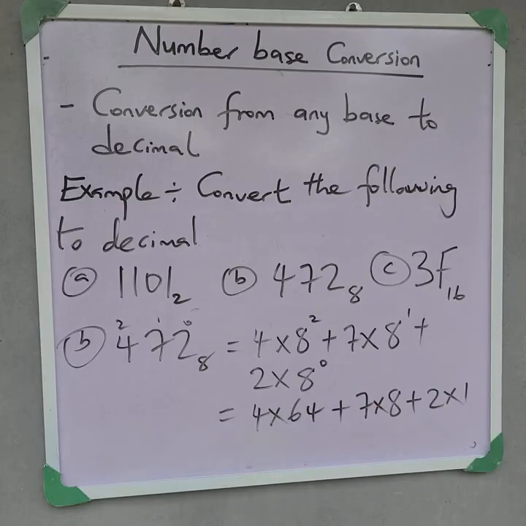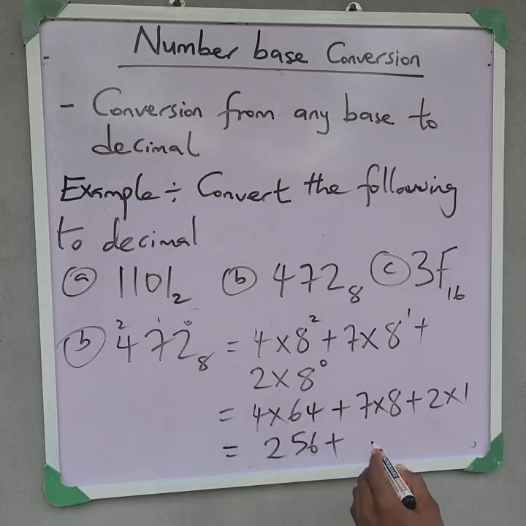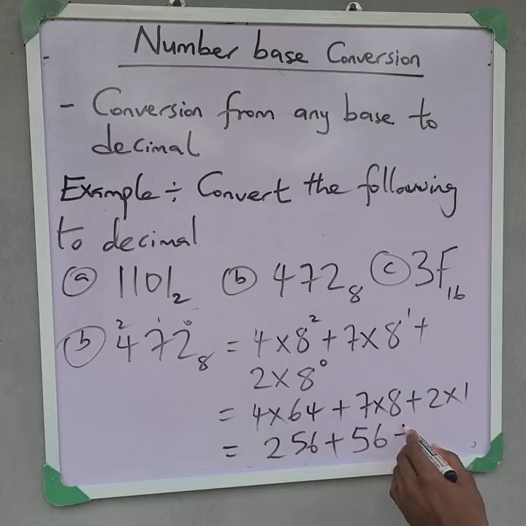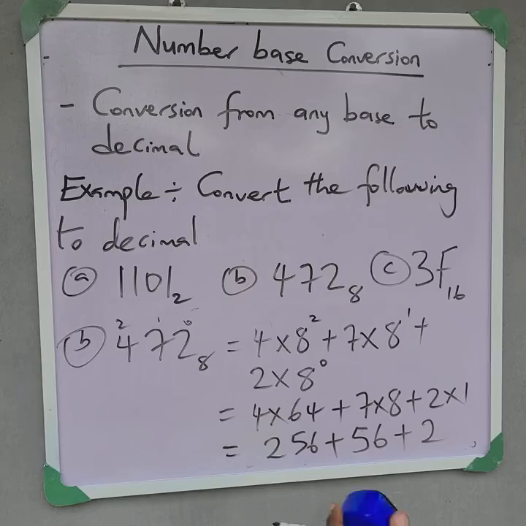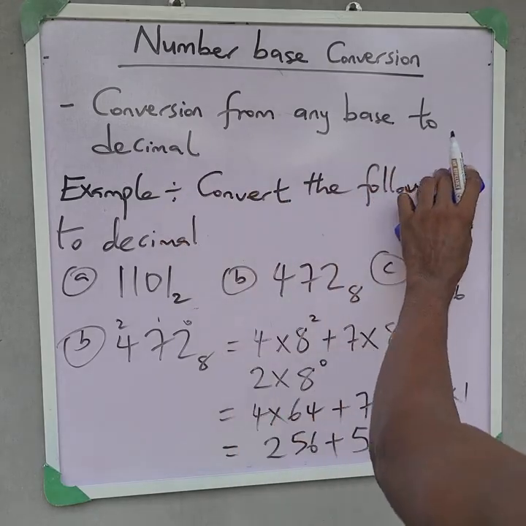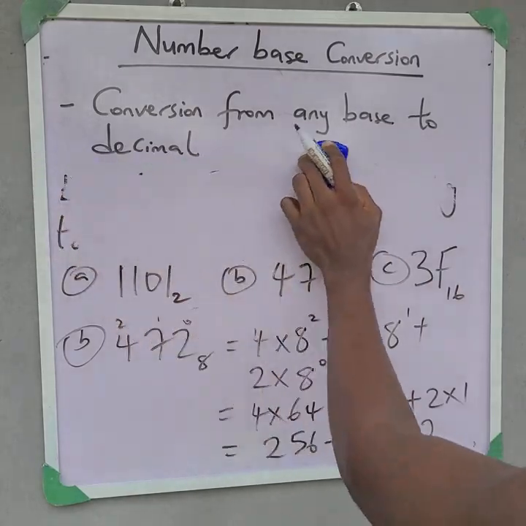So we continue. 64 times 4, you have 256, plus 7 times 8, you have 56, plus 2 times 1, you have 2. The next thing to do is to sum them up.